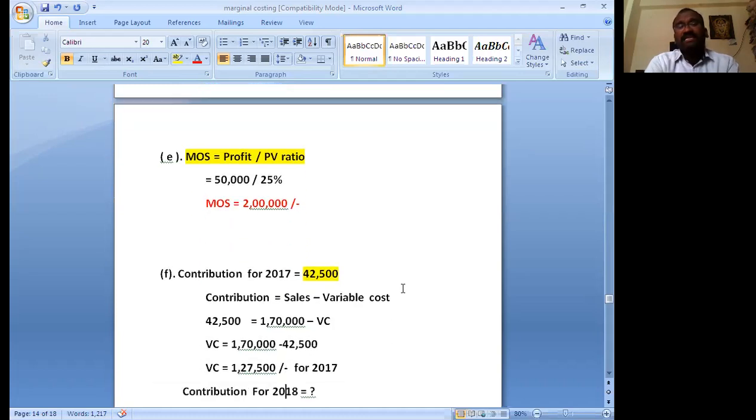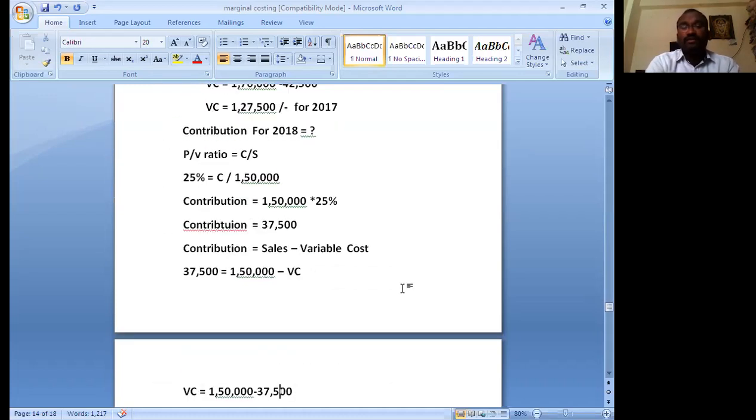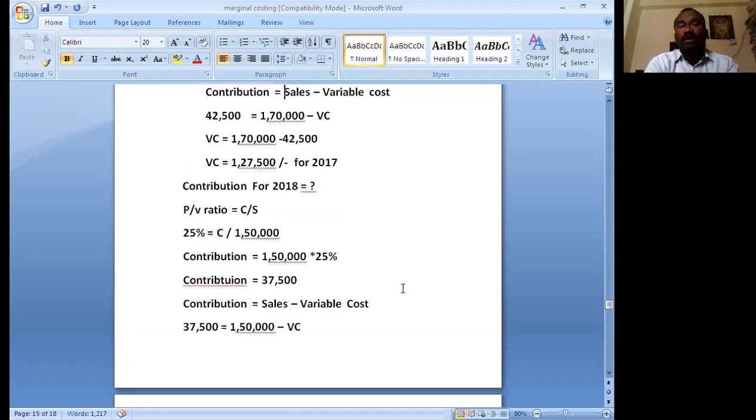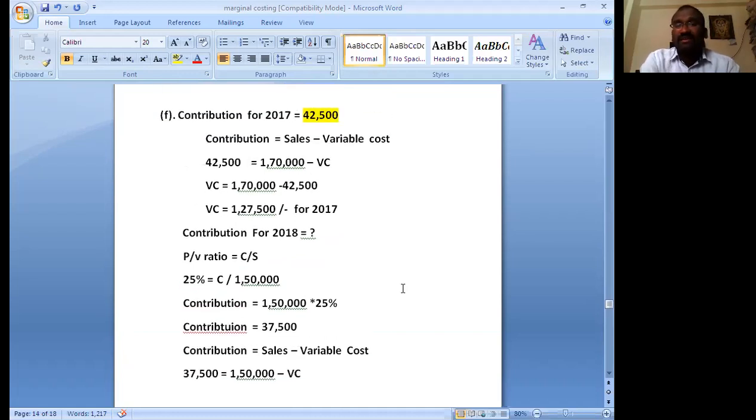Next is asking for the variable cost for 2 periods: you are calculating for 2017 and 2018. For 2018, the contribution is 42,500; you already calculated the contribution for 2018, considering the PV ratio on sales in 2018.